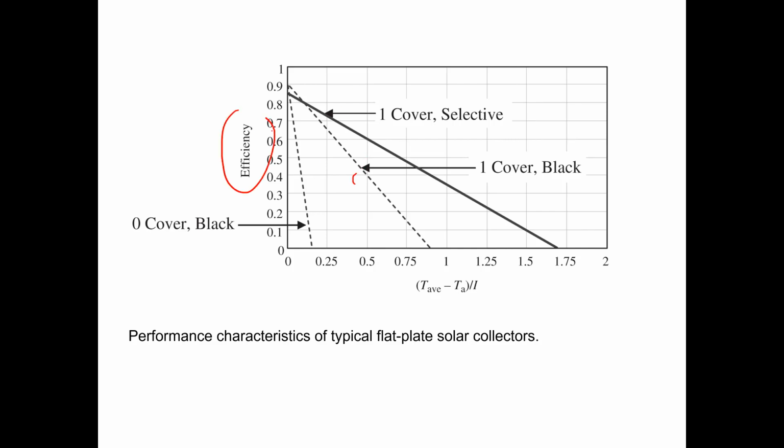And on the x-axis, you have a parameter which takes the average temperature of the collector minus the average air temperature divided by the solar irradiation. You can see the decrease in efficiency as the x-axis value increases, based on the type of cover it has. These type of performance criteria are typical for flat plate collectors.